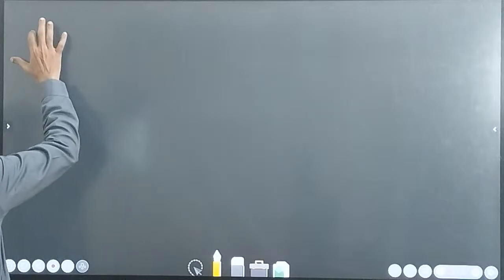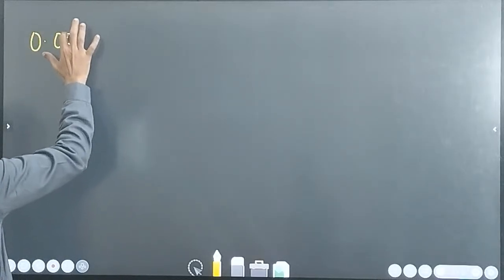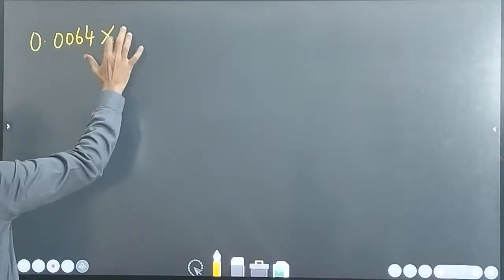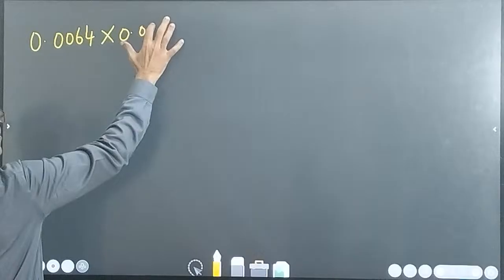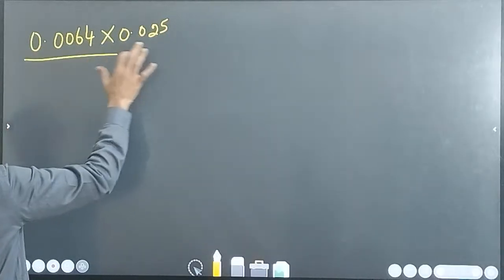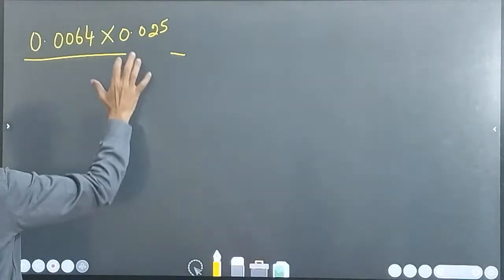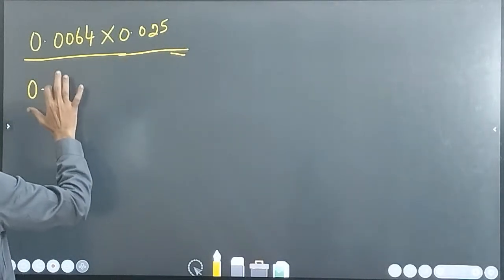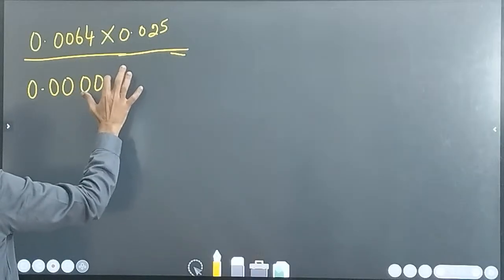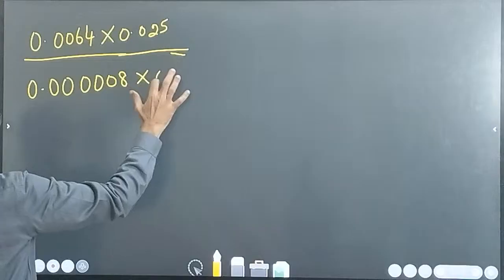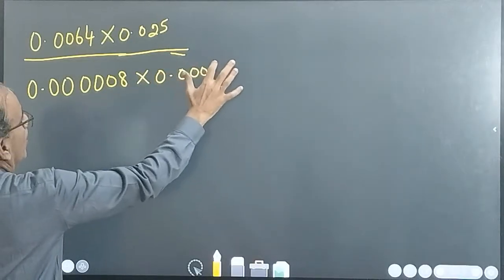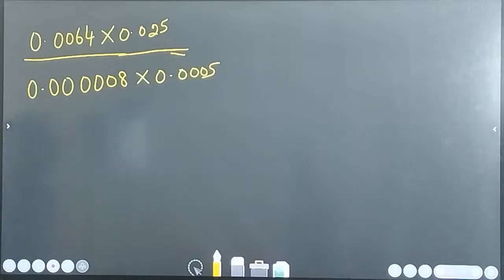Next is multiplication and division. Suppose the question is like this: 0.0064 into 0.0025 divided by a denominator.